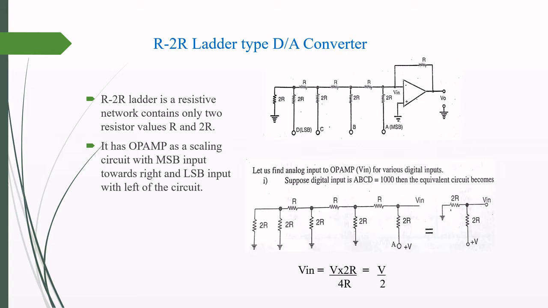Let us find the analog input to the op-amp. Analog input is Vin for various digital inputs. Suppose digital input ABCD is equal to 1000, then the equivalent circuit becomes as shown in the diagram. So Vin is equal to V into 2R divided by 4R. So Vin is equal to V by 2.